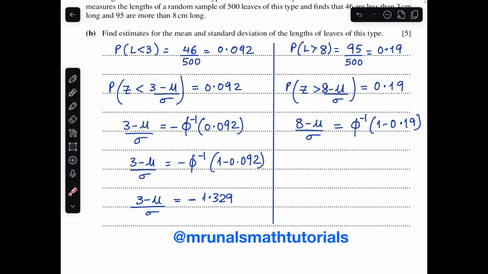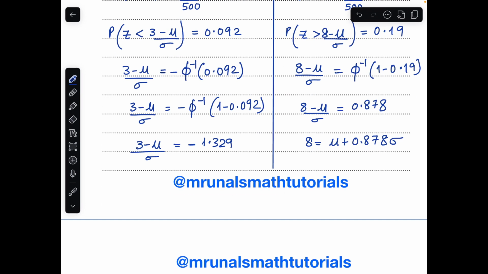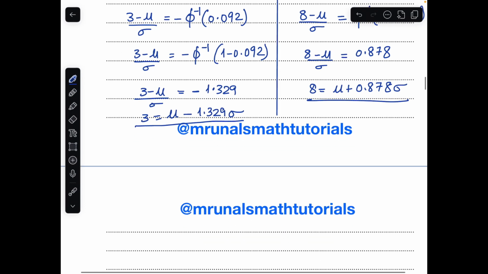So we do 1 minus 0.19, and that gives me 8 minus mean over sigma is going to be 0.878, or I can say that 8 is equal to mean plus 0.878 sigma. And here also I can say that 3 is going to be mean minus 1.329 sigma. So we now need to solve these two equations simultaneously.